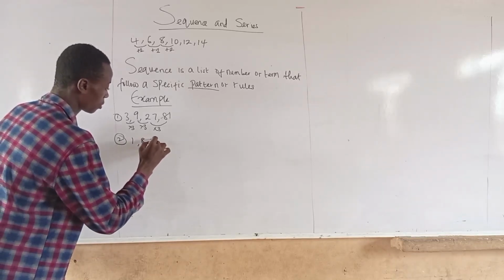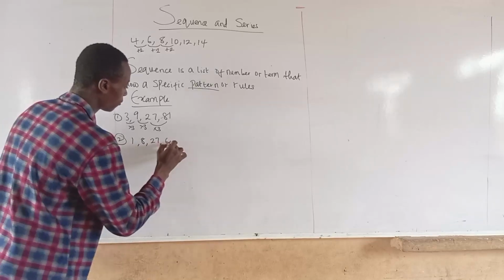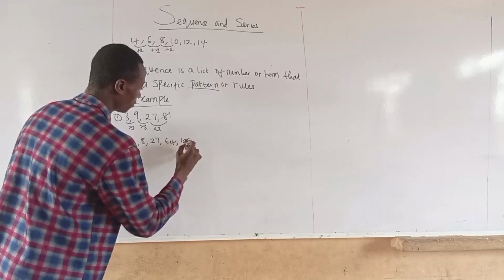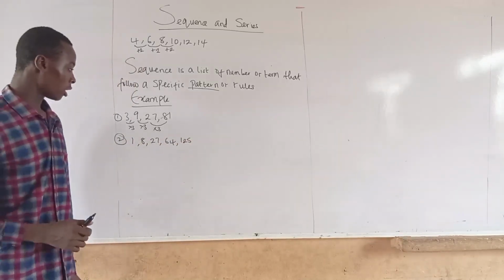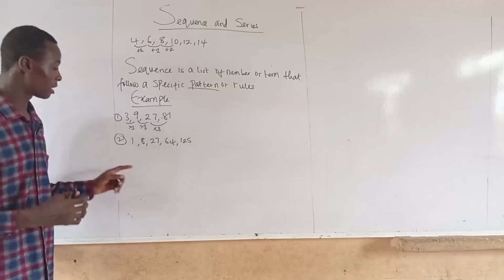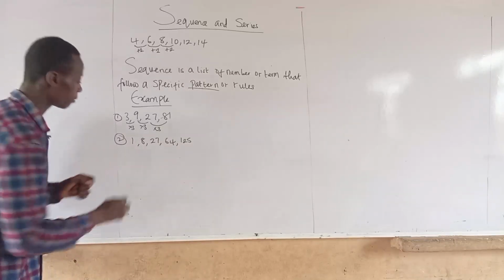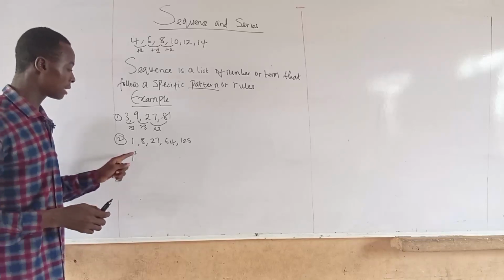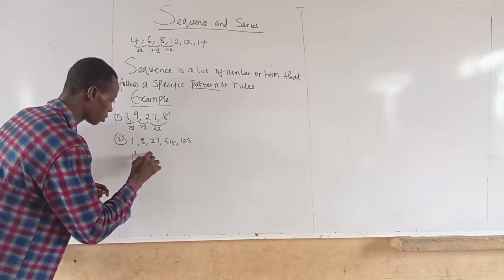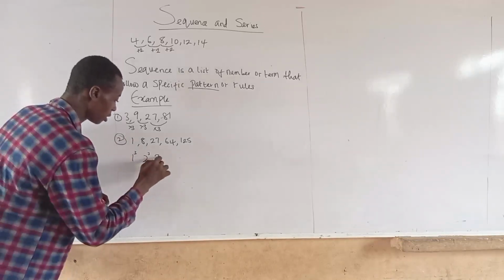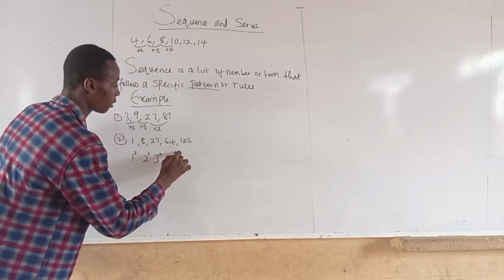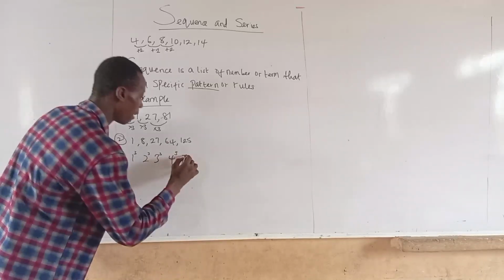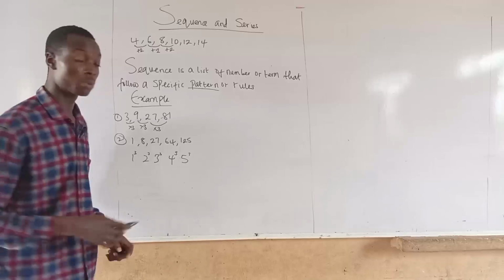Other example, let's say we have the terms 1, 8, 27, 64, 125. If you observe, they also follow a specific pattern. Each of them is raised to the power of 3. 1 raised to the power 3 is what? 1. 2 raised to the power 3 is 8. 3 raised to the power 3 is 27. 4 raised to the power 3 is 64. And 5 raised to the power 3 is what? 125.